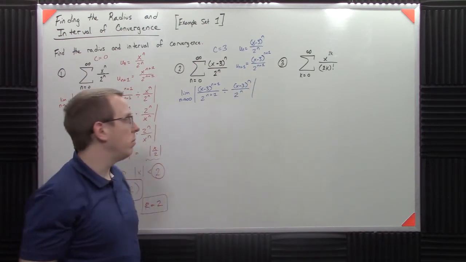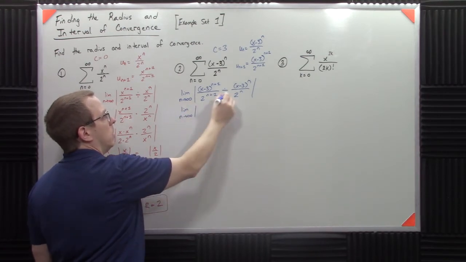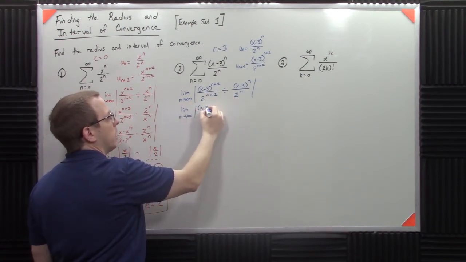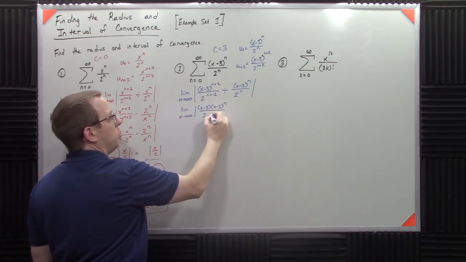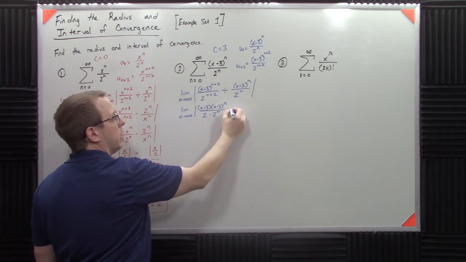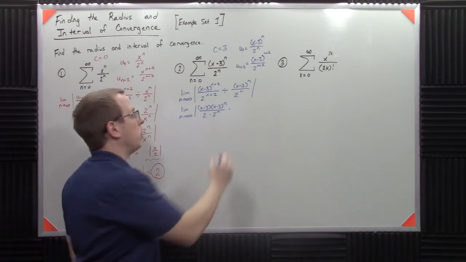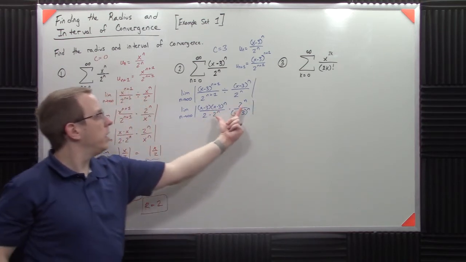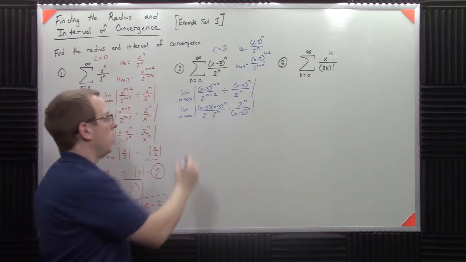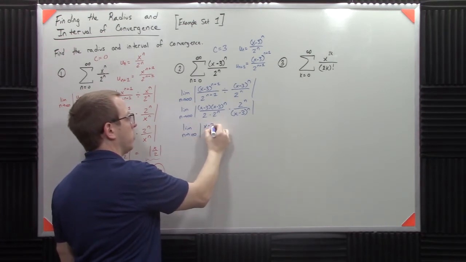I'm going to combine multiple steps here. I split this out as x minus 3 to the n and 2 to the n, then take the reciprocal and multiply by 2 to the n over x minus 3 to the n. We can clearly see the cancellation there, which gets us the limit as n goes to infinity of x minus 3 over 2.